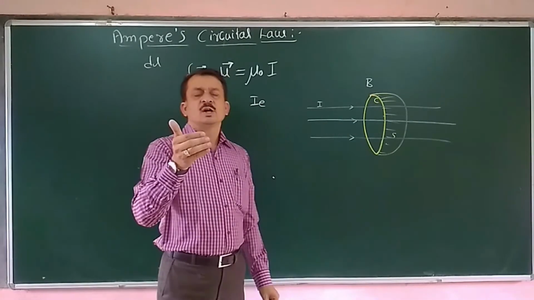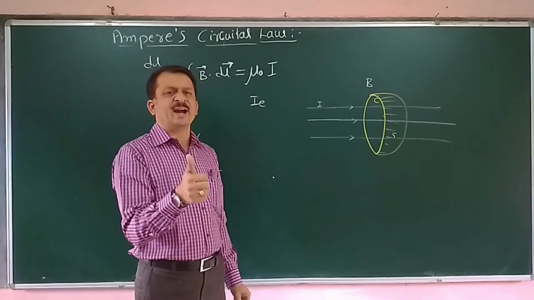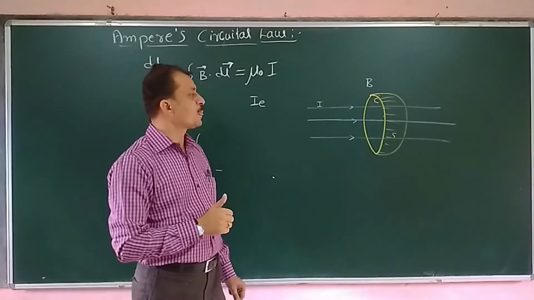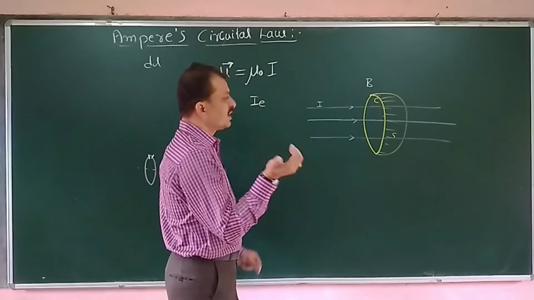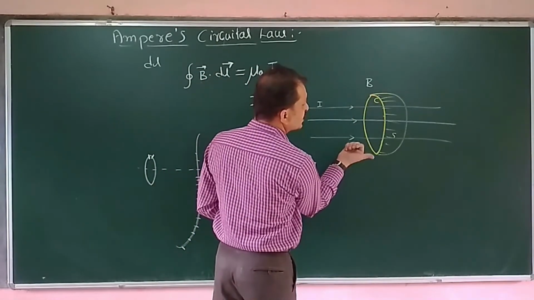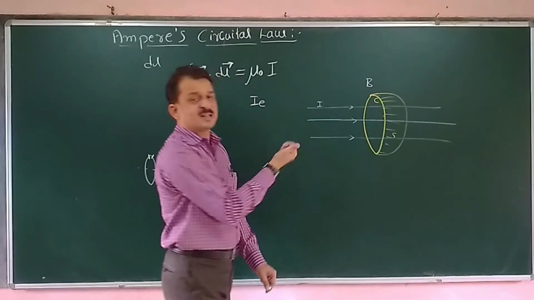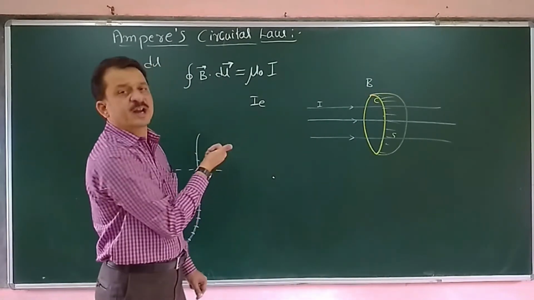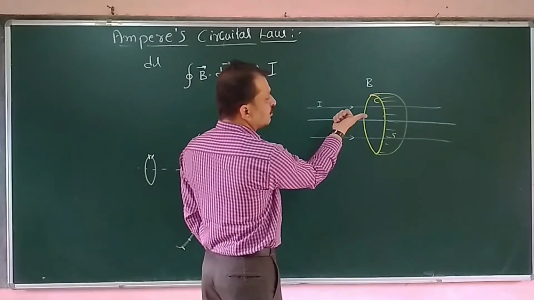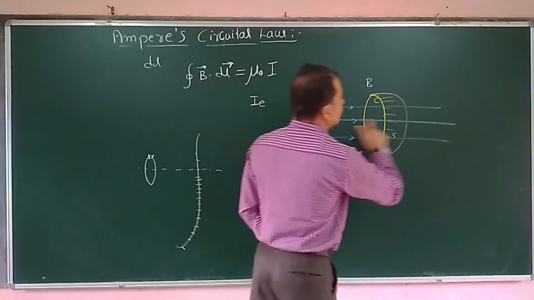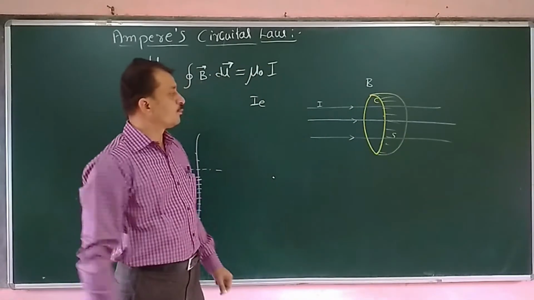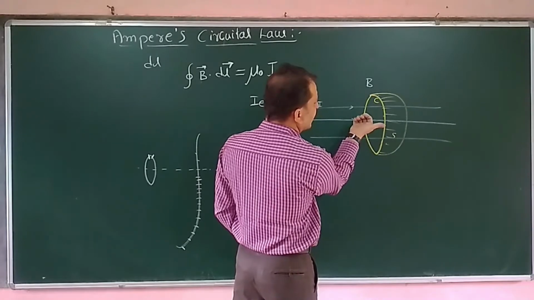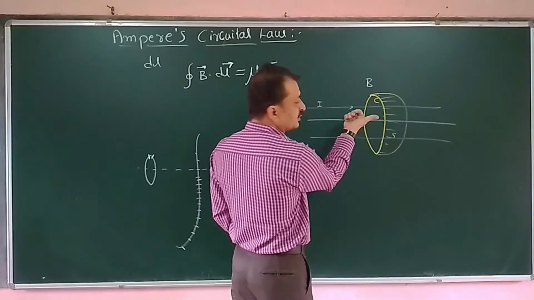Now if you curl the four fingers of your right hand with the thumb stretched out, these curled fingers give the direction of the closed boundary, and then the extended thumb represents the direction of the current flow. Here the current is in this direction. Therefore the direction of the magnetic field is taken along this direction.